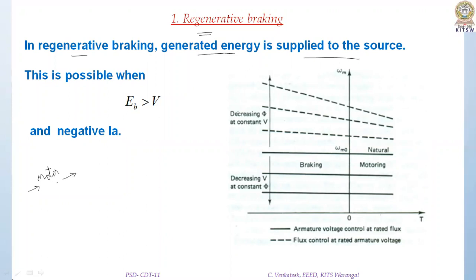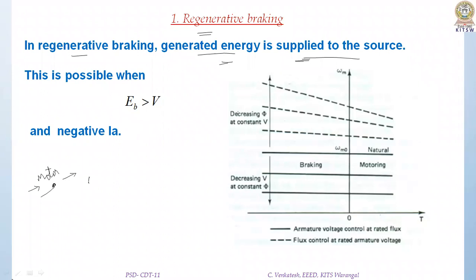Now, if this mechanical energy becomes more than the electrical energy, the motor turns into a generator, and this excess energy can be supplied back. So in regenerative braking, the generated energy is supplied back to the source. If we have a system where the source is capable of absorbing power, then we can implement regenerative braking. When is this possible?